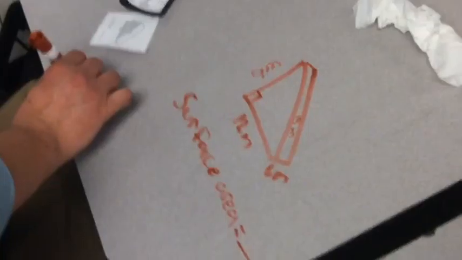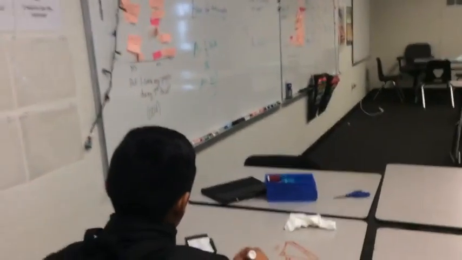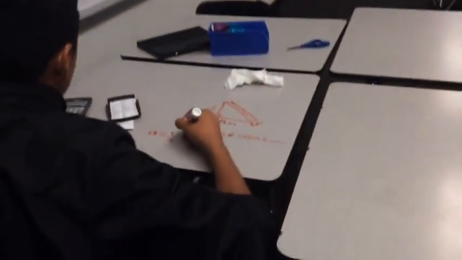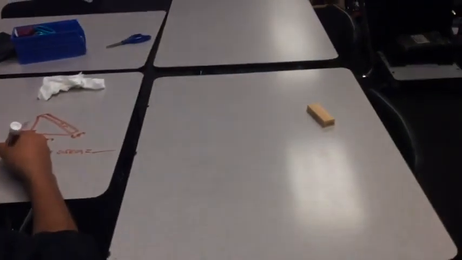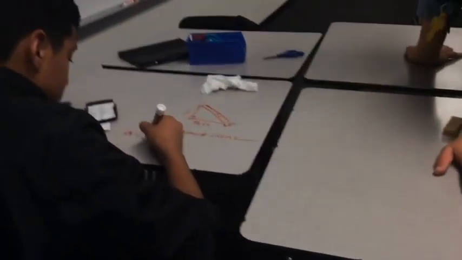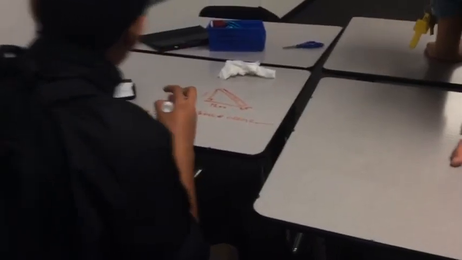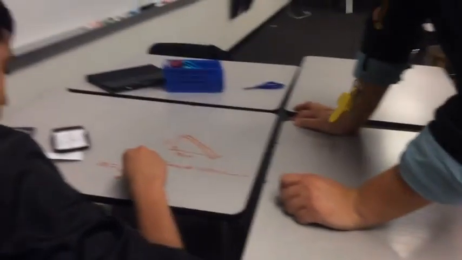So I want you to do me a favor. Can you write the formula for it, just so you know it? Right here where it says area equals half times base times height. Just the top one. Alright.